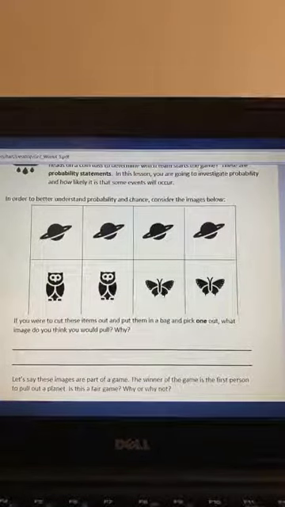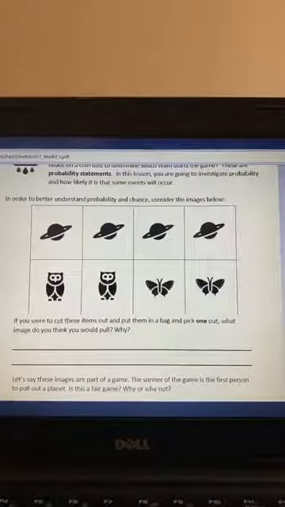Are they both 25%? King Gang said butterfly 25, owl 25, Avion said 25. Sean said 25. Okay, good job. So they are both 25%.